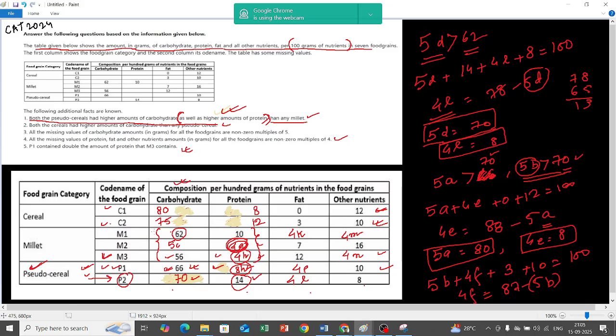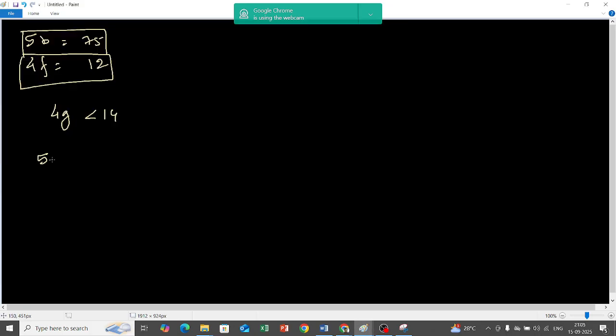Now again let us take this row, 5C plus 4G plus 7 plus 16 equals 100. Now what is 4G? 16 plus 7 is 23, so that is 77 minus 5C, right?